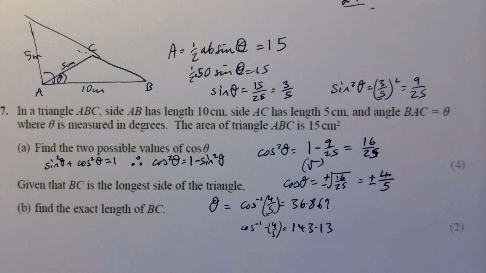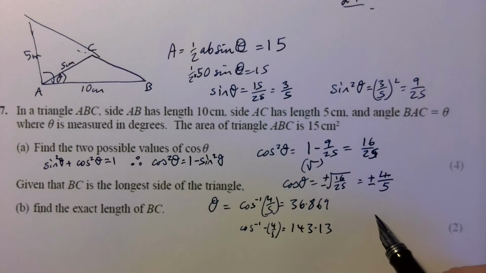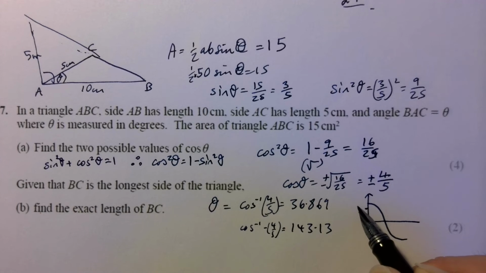And the reason that happens is, if I was to sketch a bit of the cosine curve like that, 4/5 would be like at 0.8 would be about there, and negative 4/5 or negative 0.8 would be there.